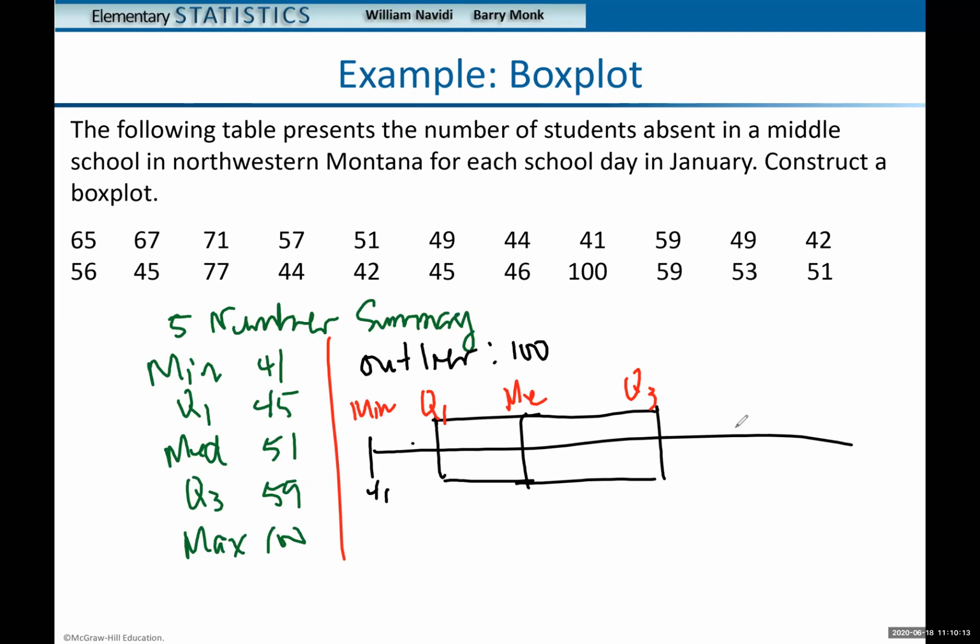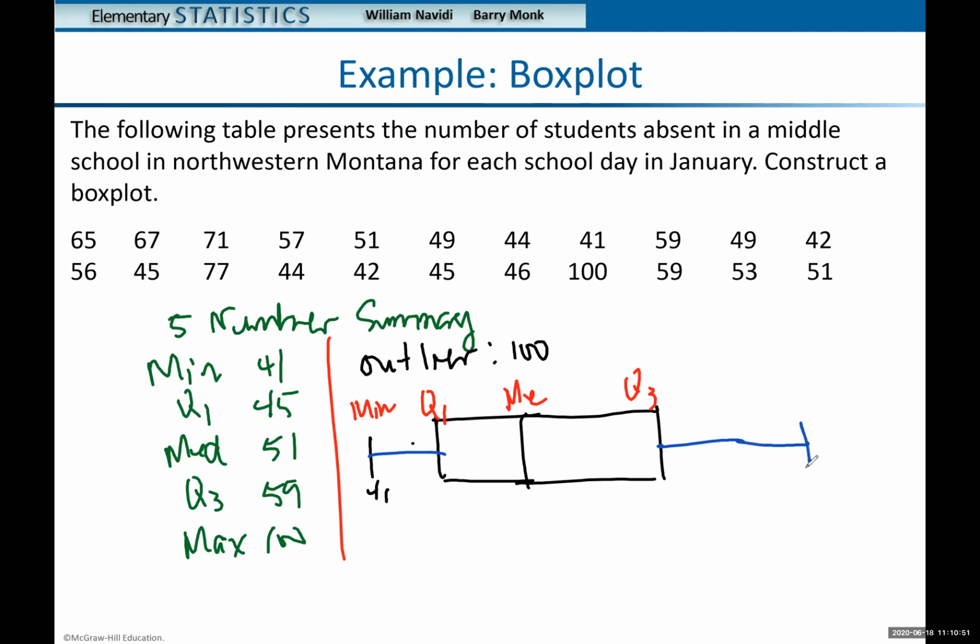And since we have an outlier of 100, what was our computed upper boundary earlier? 80.